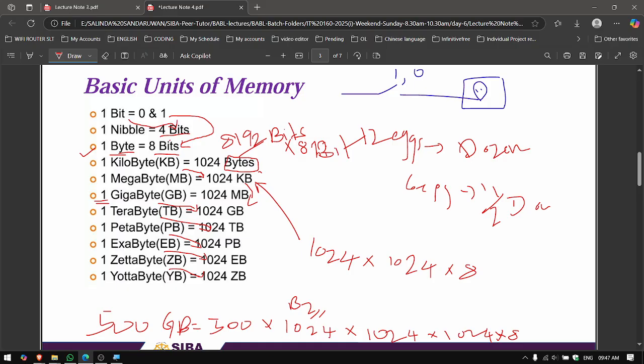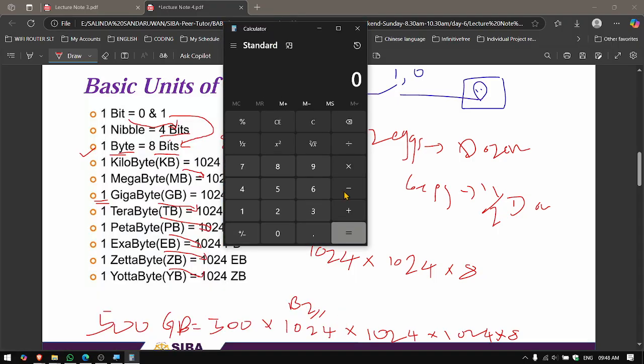If you calculate it, let me calculate and show you. You can do it manually, but I prefer to do it like this: 500 multiplied by 1024 multiplied by 1024 multiplied by 1024 multiplied by 8.